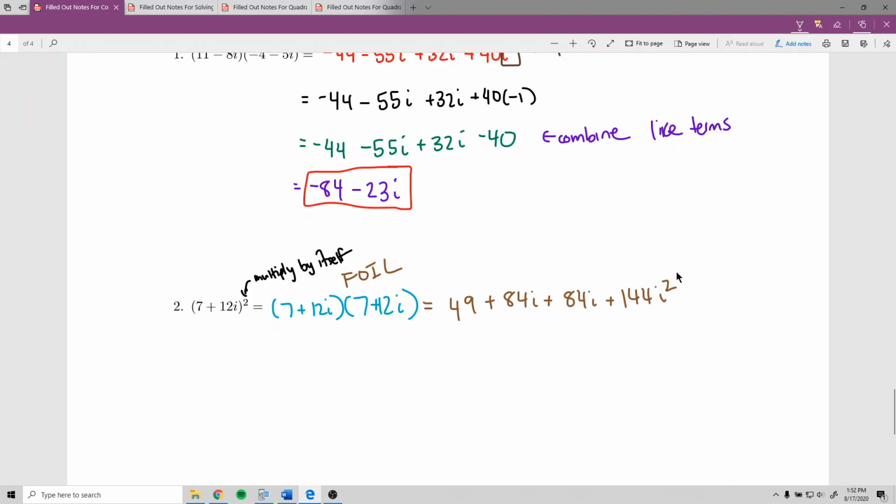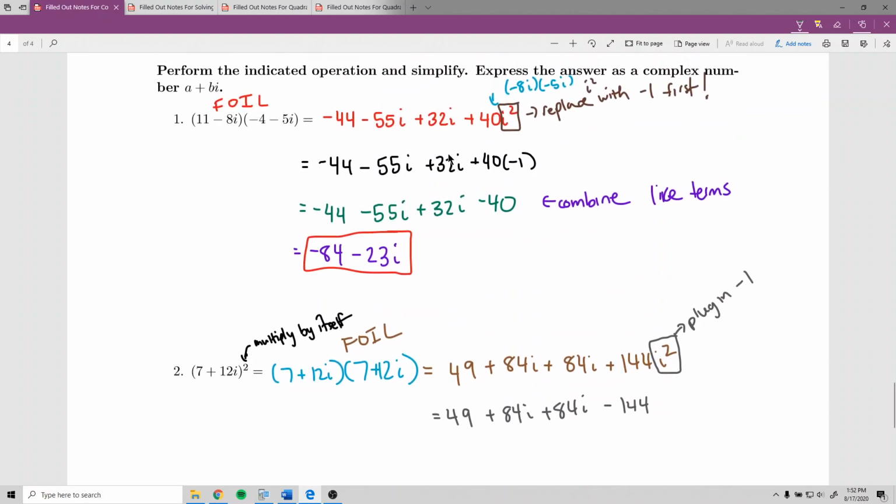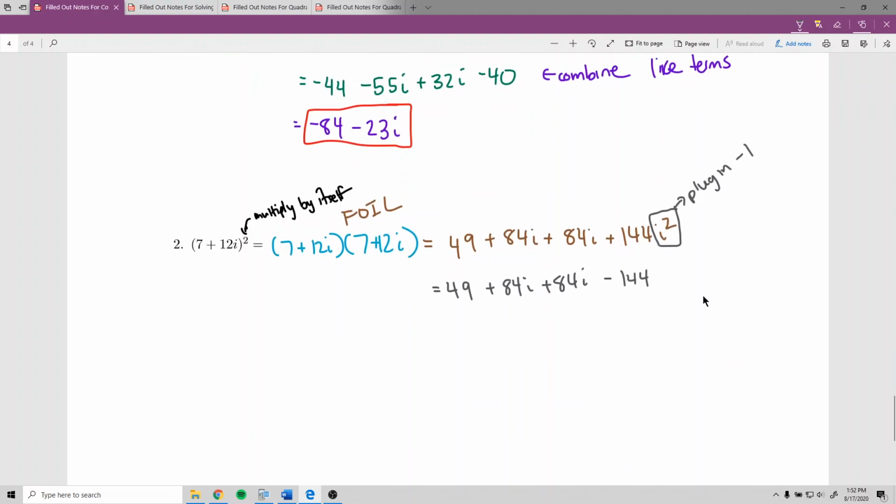Immediately do what I said above, because it's the easiest thing to forget: plug in negative 1 for i squared. So we got 49 plus 84i plus 84i. And when we plug in our negative 1, it becomes a minus 144, just like above. It just boils down to changing the sign when we multiply it.